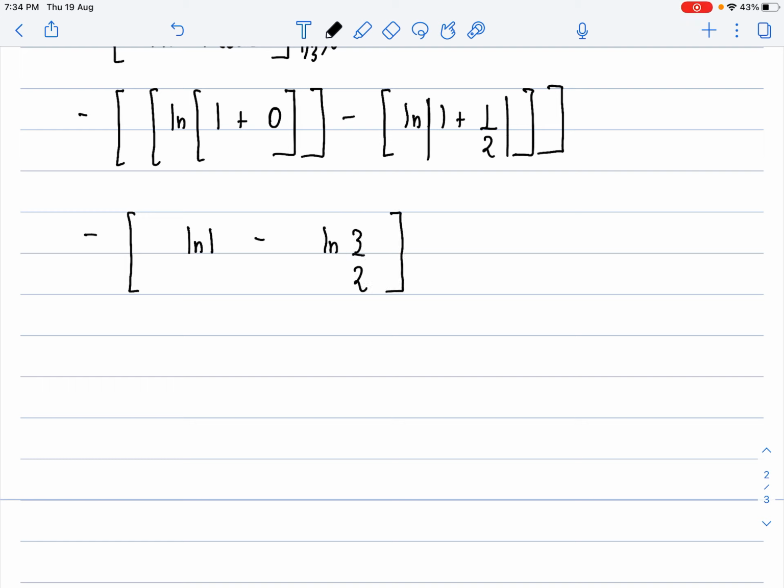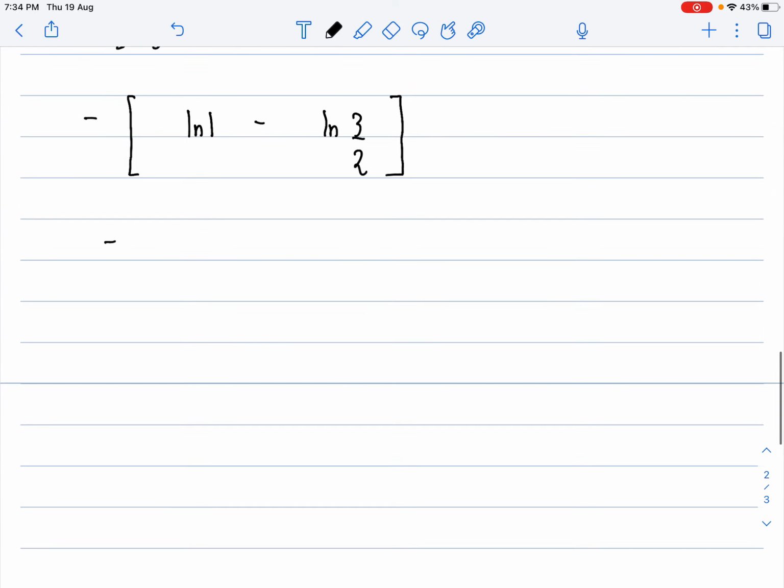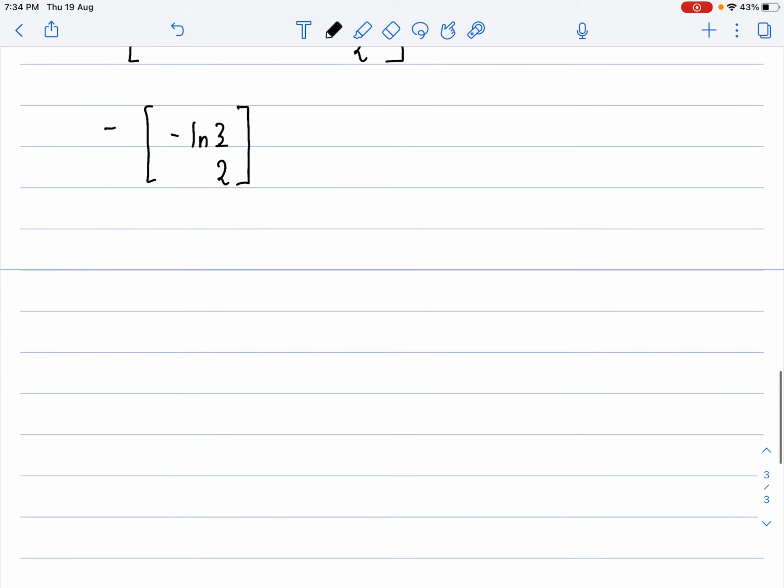This is what you'll get. As you know, ln 1 is 0, so you get minus ln 3 by 2, so you can write this as ln 3 by 2, which is your final answer.